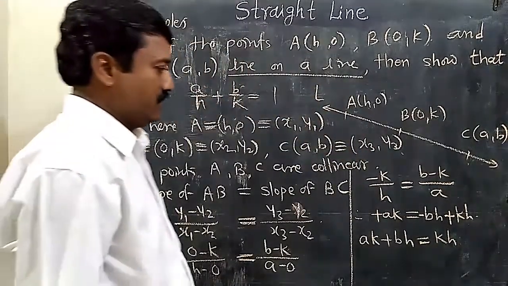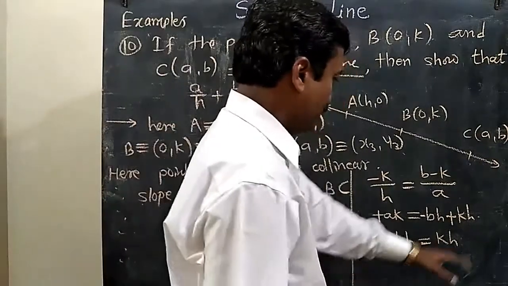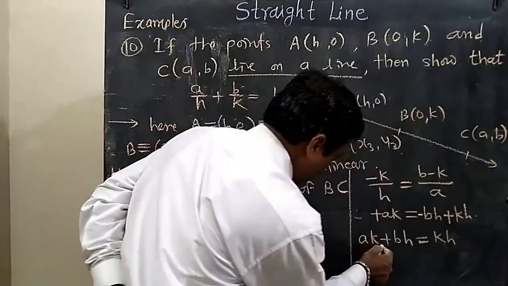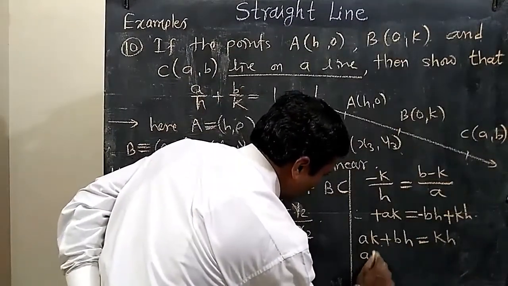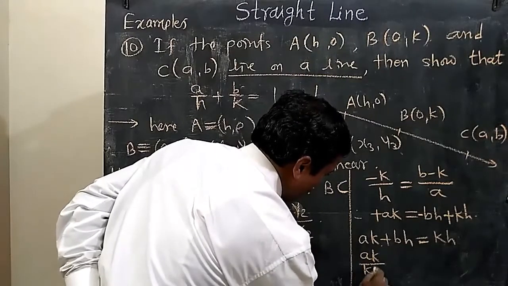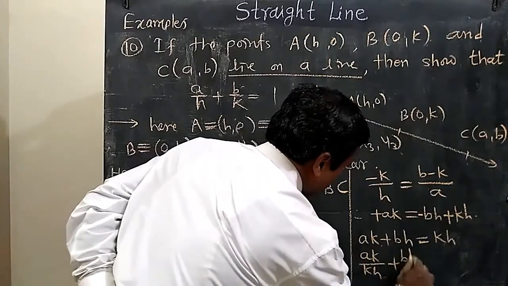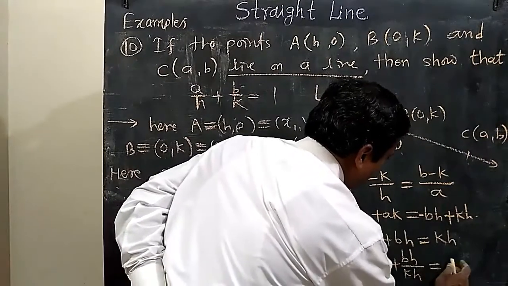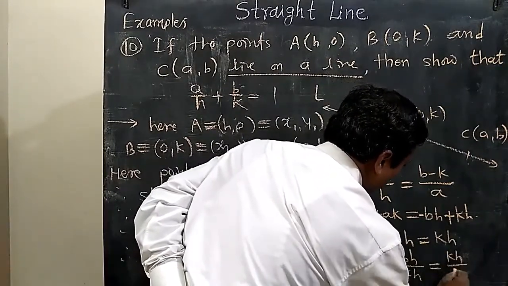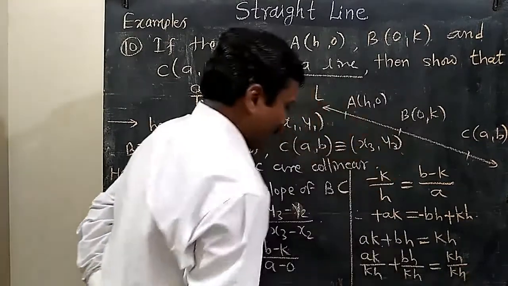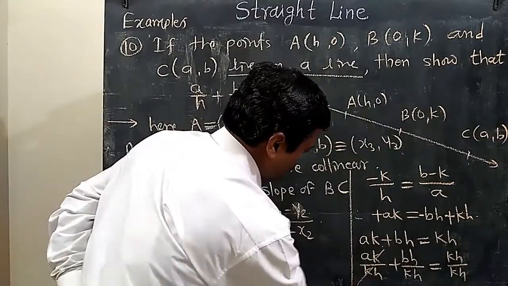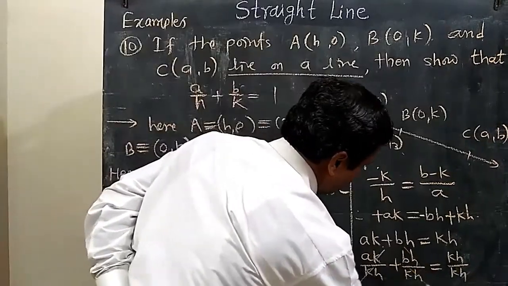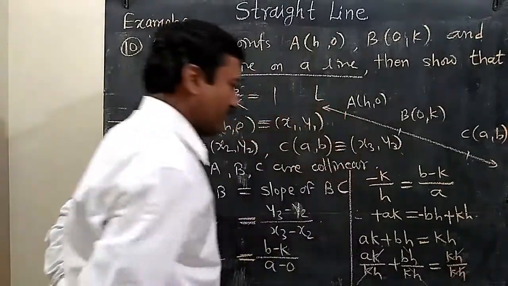At this stage, if you divide each term by kh, we get ak upon kh plus bh upon kh equal to kh upon kh. Here k and k get cancelled, here h and h get cancelled, and here both hk get cancelled.